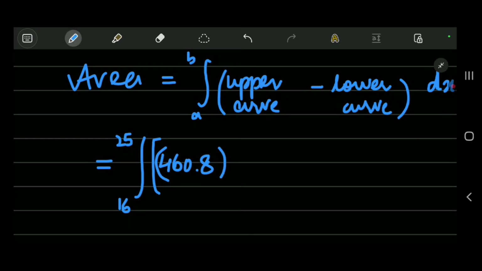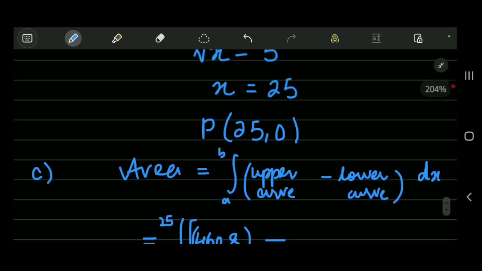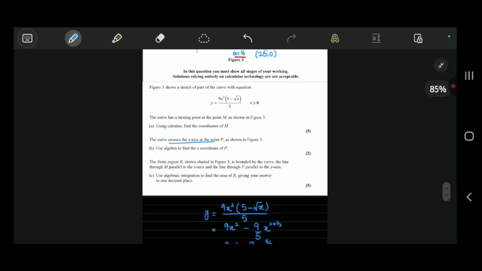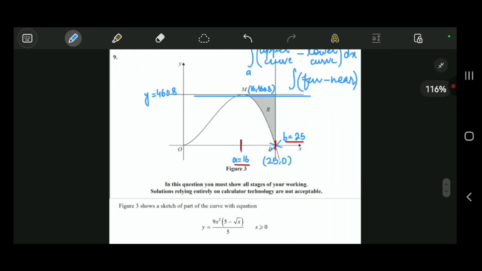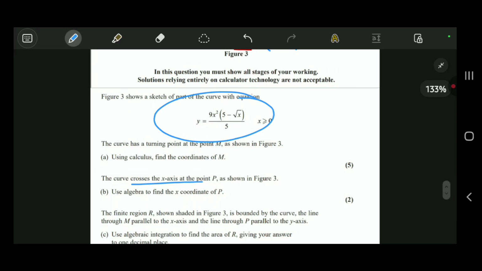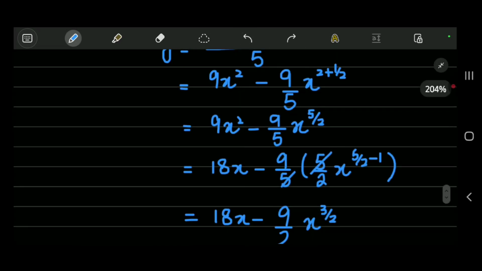So y equals 460.8 is the equation of the upper curve, minus the lower curve. What's the lower curve? Our lower curve is the equation of the curve. We can write this equation or the simplified version of it. Where was the simplified version?